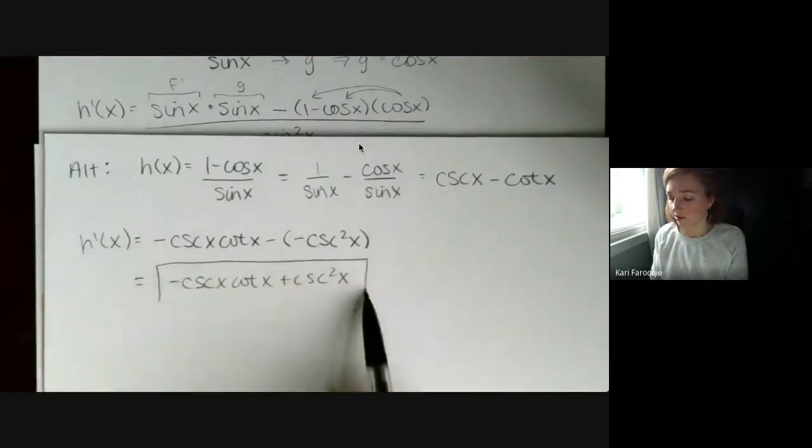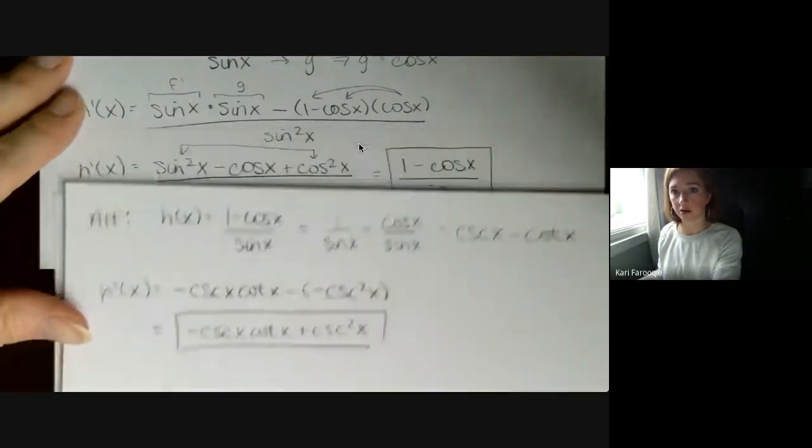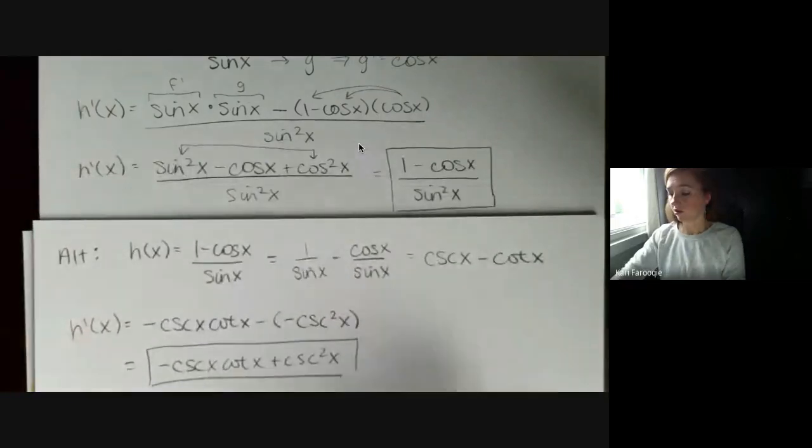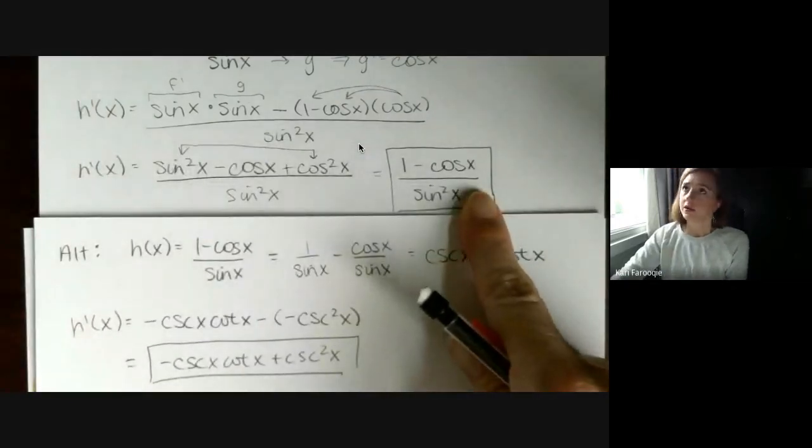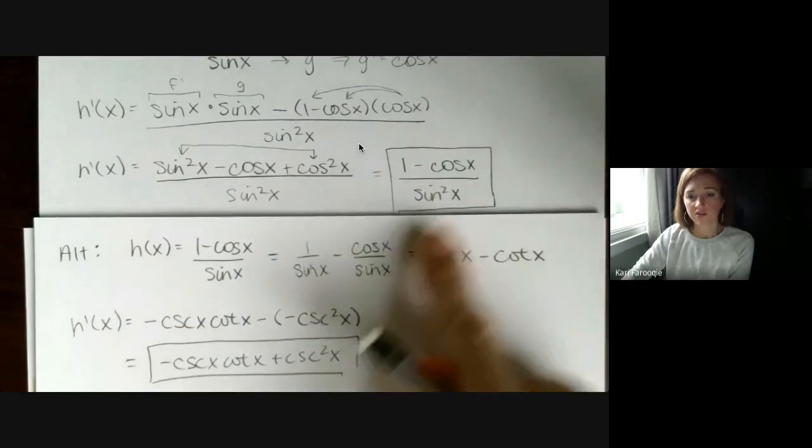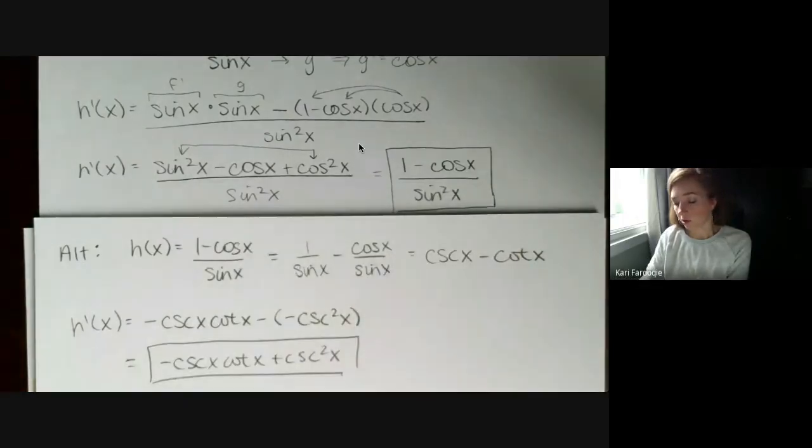Now, this answer looks vastly different than the one that you obtained using the quotient rule. Technically, if you want, you could go through identities and make them match. That's part of why you did verifying in trig, just because different answer forms can take on very different forms, yet be the exact same thing. So these two are equivalent.